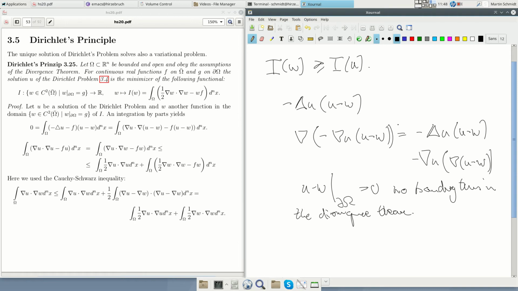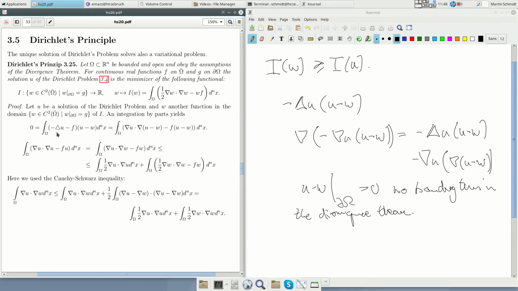So we know the integral over this plus the integral over this vanishes. So we really get that the integral over this is the integral over this. This is just this expression here. Okay, and the second term we didn't change.